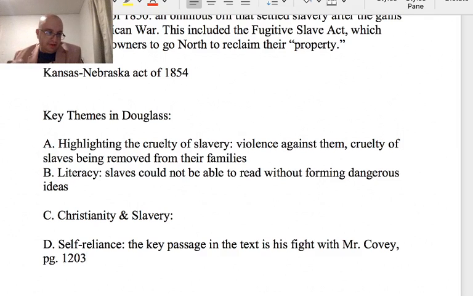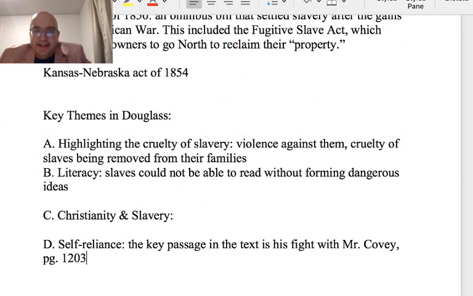You guys know about Covey. He's this guy who's supposed to break the slaves. He finds any way that he can to whip Douglass. But eventually, after Douglass runs away, he comes back.